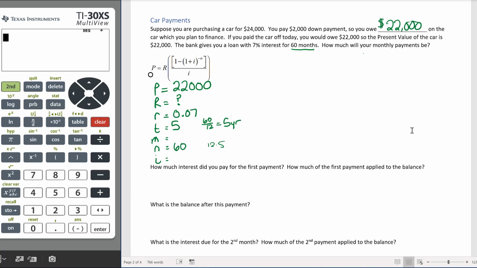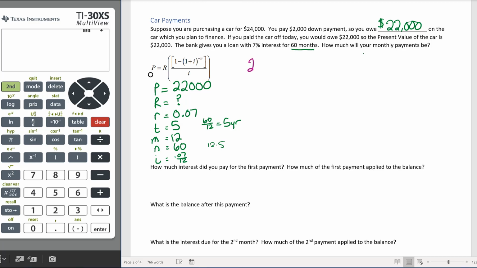So M is your monthly payment, so you're paying 12 months in a year, and then I would be 0.07 divided by 12. Now 0.07 divided by 12 doesn't reduce nicely, so we're just going to probably leave that as a fraction right there. I'm going to plug this in my formula.